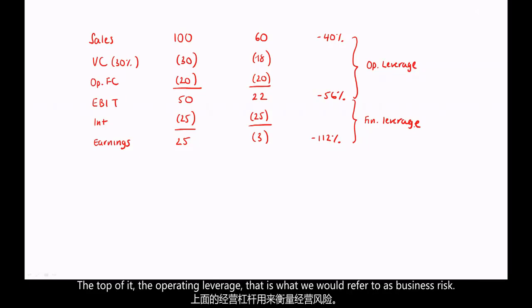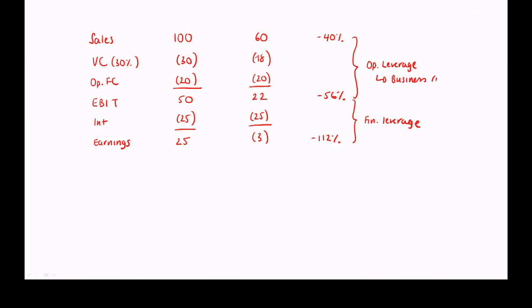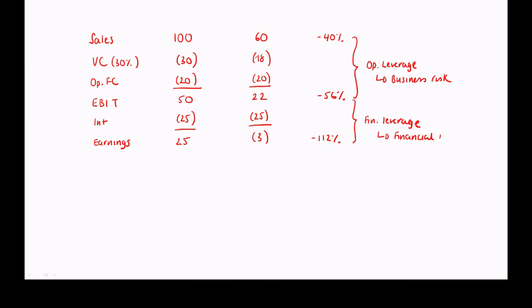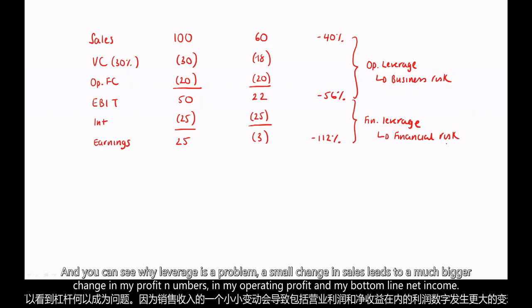The top bit, the operating leverage, is what we would refer to as business risk. And financial leverage is the financial risk that the company faces. And you can see why leverage is a problem. A small change in sales leads to a much bigger change in my profit numbers, in my operating profit and my bottom line net income.